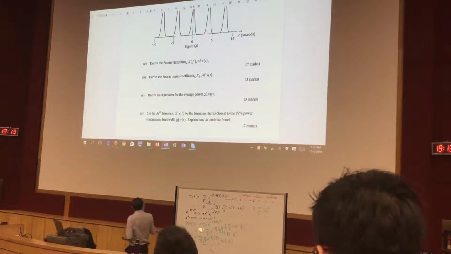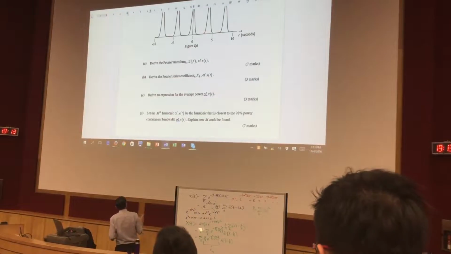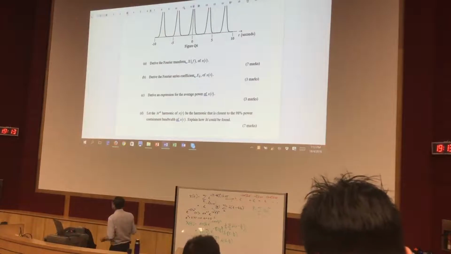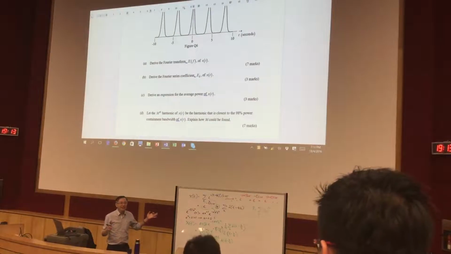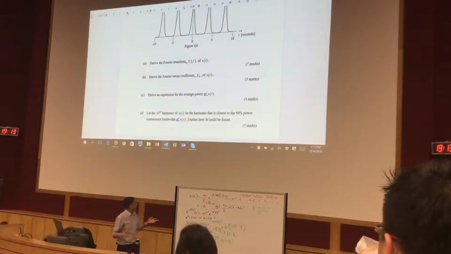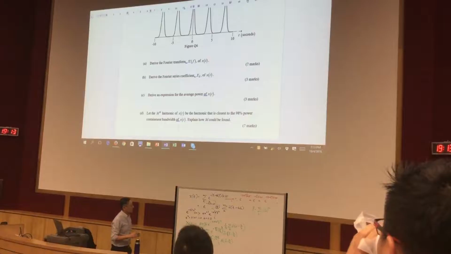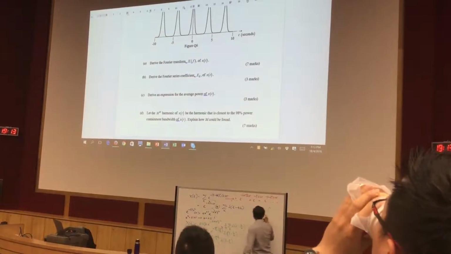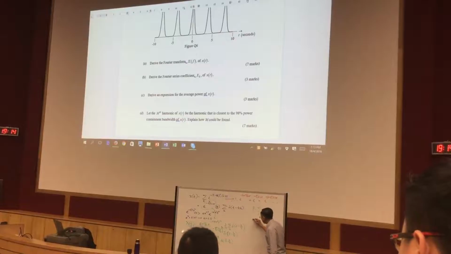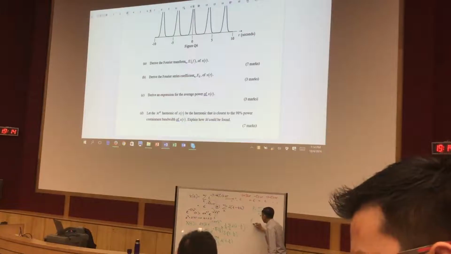Last one. Let the nth harmonic of x be the harmonic that is closest to the 98% containment bandwidth. Again, we saw this before. Explain how n can be found. So we already found P. You want to sum for the 98%.